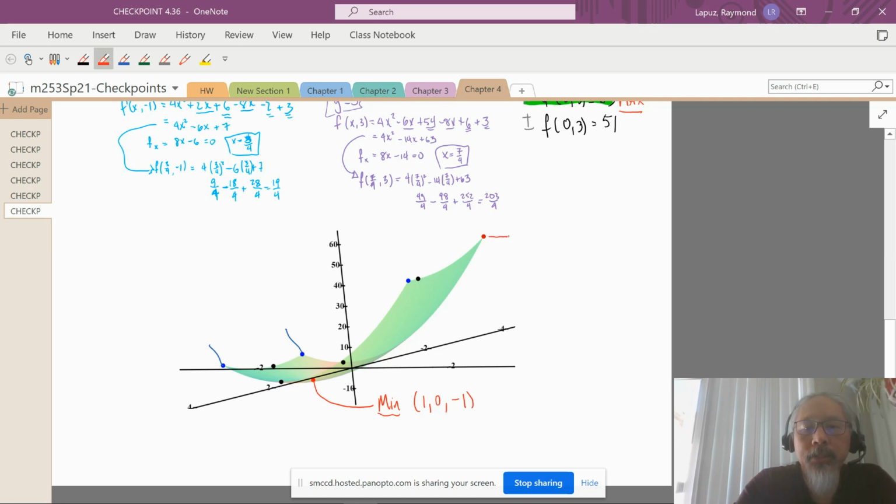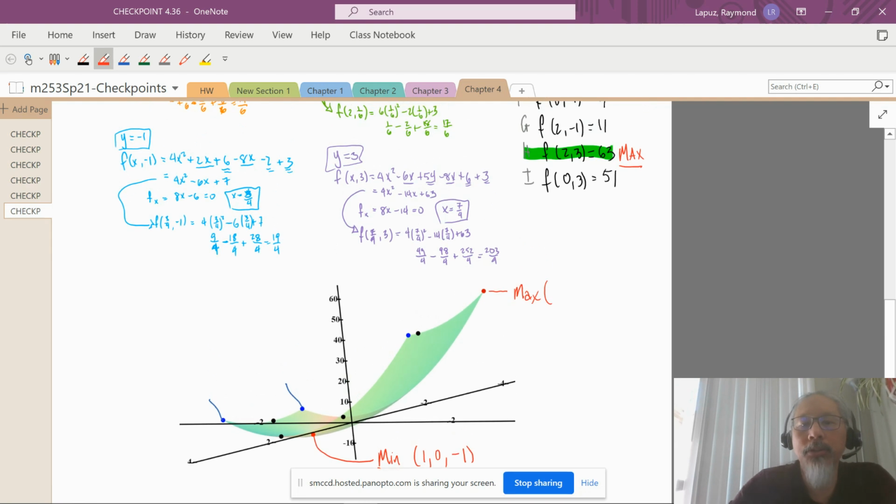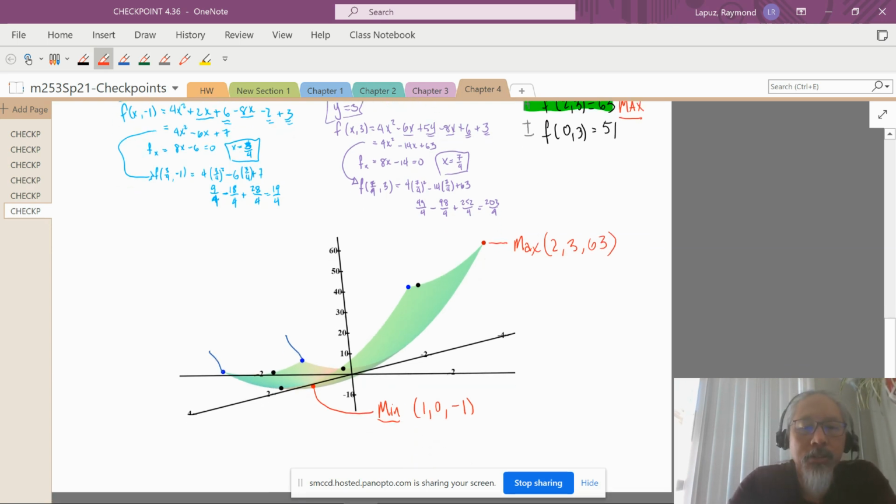And the maximum was up here, and that was the point 2, 3, 63. All these other points look like they are minimums. The critical points that we saw look like they're minimums within that particular boundary, but in the big picture overall, they did not become the minimum or maximum.